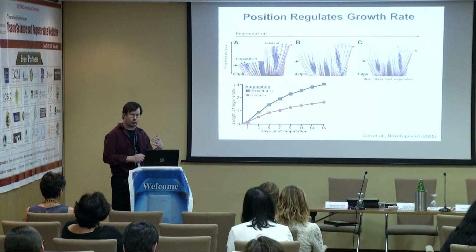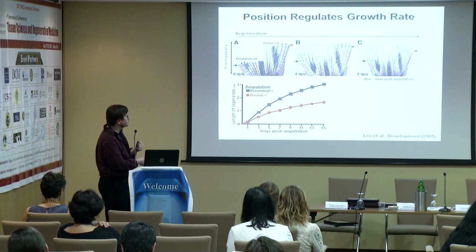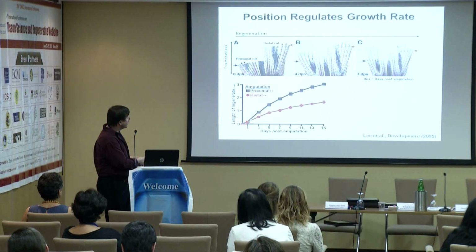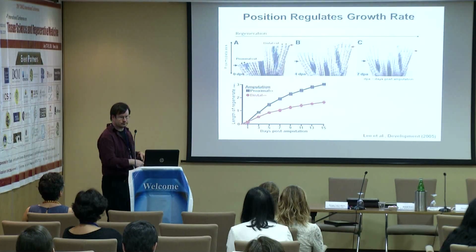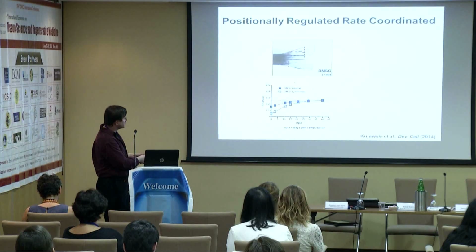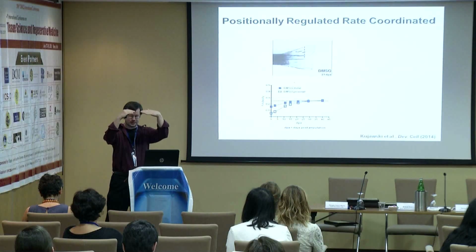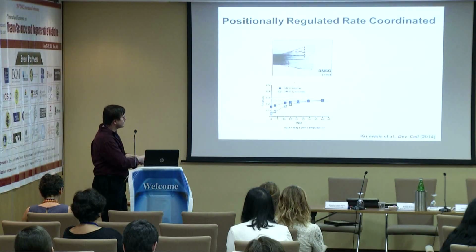Okay, so then one of the things that we found out with fish is that position influences growth rate. So a group, Ken Poss's group at Duke Medical School, shows that if you cut proximally or cut distally, you have different growth rates. So a proximal cut will have a higher growth rate, and a more distal cut will have a lower growth rate. And these growth rates are coordinated so that irrespective of where you cut, either more distally or more proximally, the fin will regenerate and reach the same proportional size at the same time.